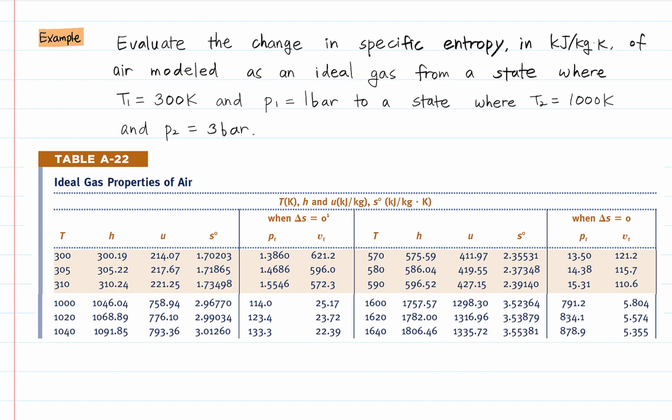Although we know the temperature and pressure at the initial and the final states, so we can fix the states, entropy cannot be found directly from the thermodynamic table. So first we need to determine the standard entropy at the given condition.